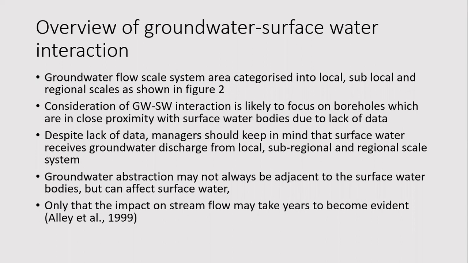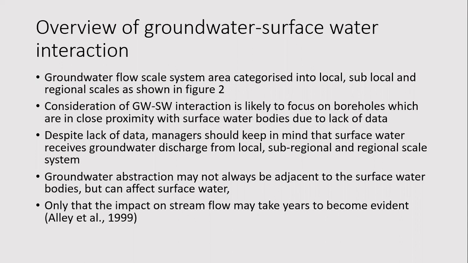It is also important to note that groundwater abstraction may not always be adjacent to the surface water. A borehole might be far away from the river. But in that case, as we abstract from that borehole, it can still affect surface water.